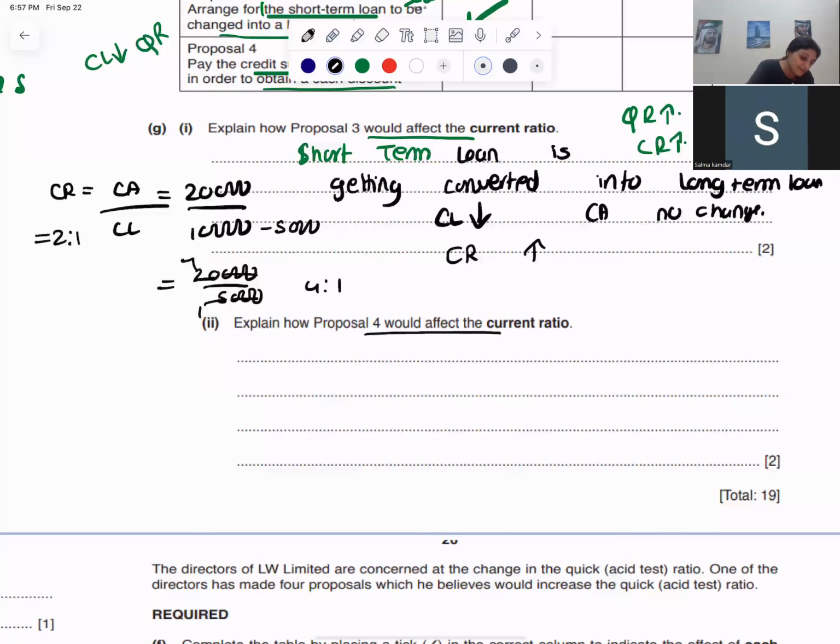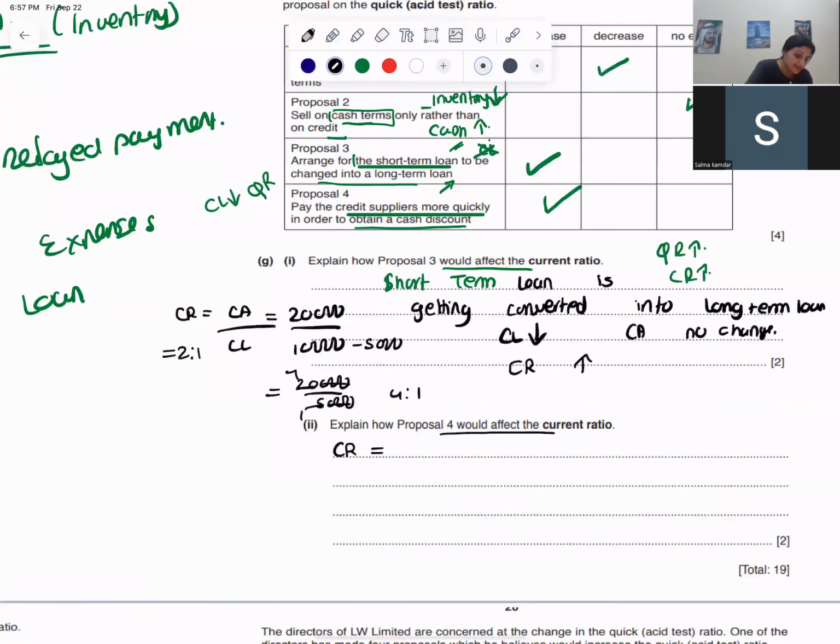Say for example, if your current ratio is 2:1, or say 20,000 is to 10,000. Let's see your proposal for pay the credit suppliers. That means I'm going to pay the credit suppliers. Maybe I pay them 4,000 instead of 4,500. So my current assets would reduce by 4,000 because I paid them 4,000 in cash.